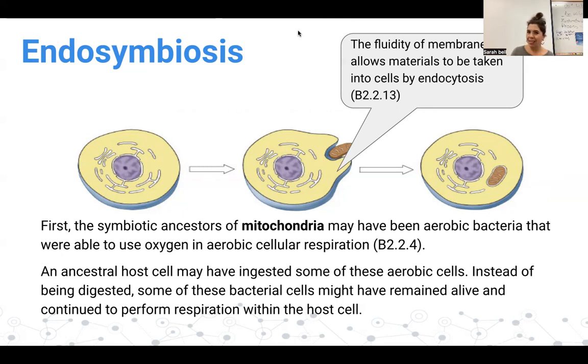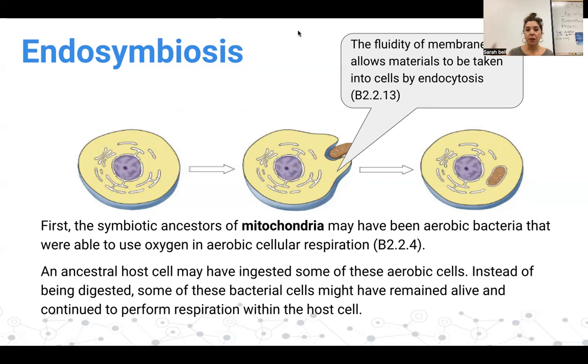So I'm hoping you're thinking to yourself, how did the host cell benefit? And how did this pre-mitochondria benefit? Well, if you think about it for a second, I would hope you would think that if the mitochondria is making energy, that cell could harness that energy.